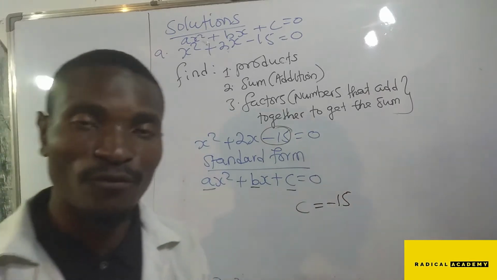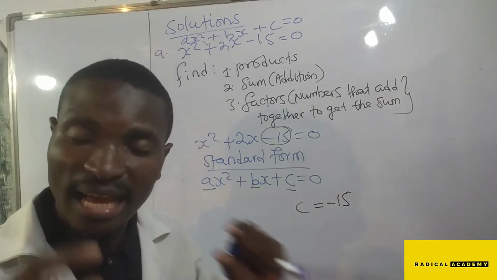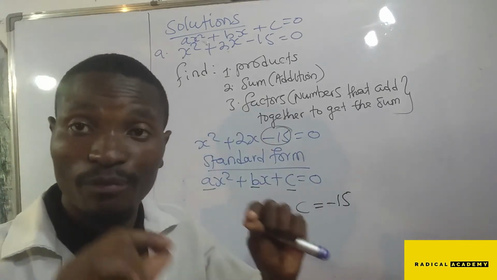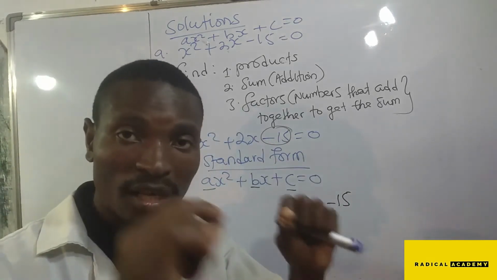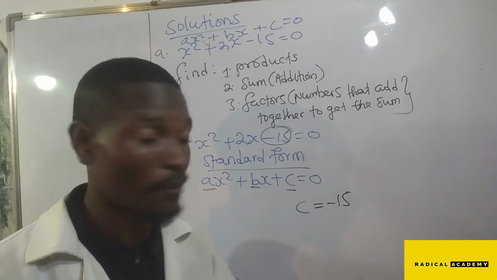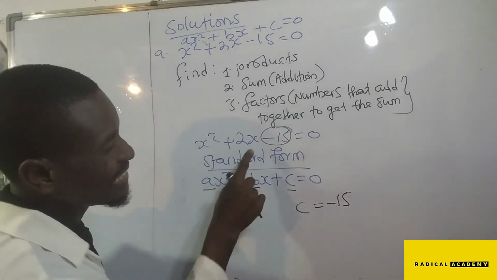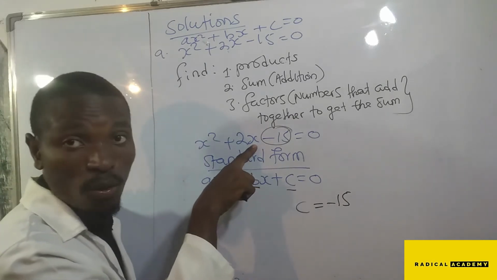So it's just a matter of comparing: you get the standard equation and then compare it with the actual equation we are trying to solve. Now, b is the number with just x.